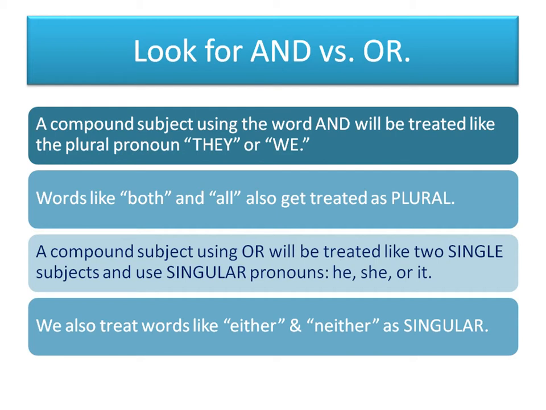However, a compound subject using or will be treated like 2 single subjects and use singular pronouns, he, she, or it. Is mother or father home would be answered by the question he is, but she is not. We also treat words like either and neither as singular. Either is a good option. Neither is appropriate.